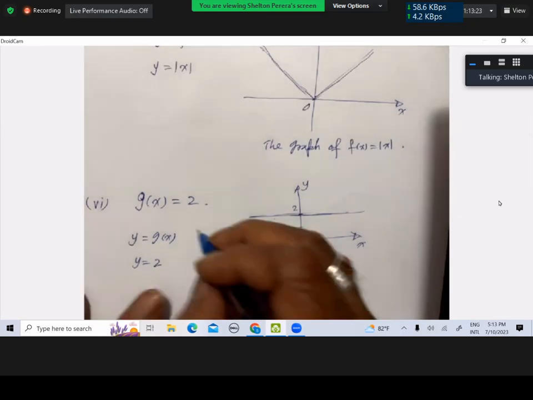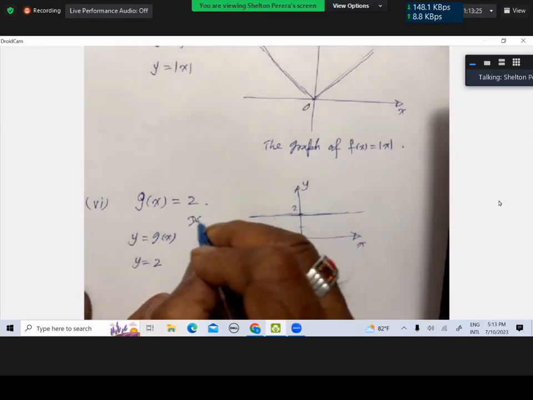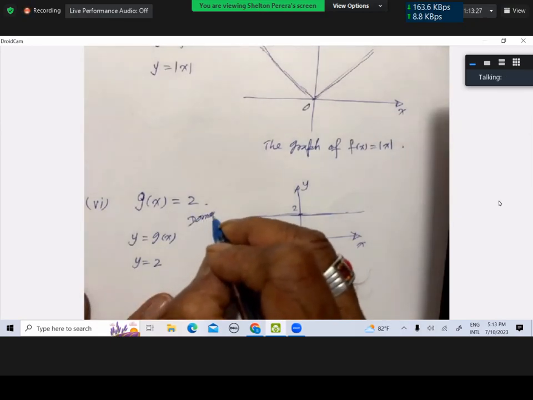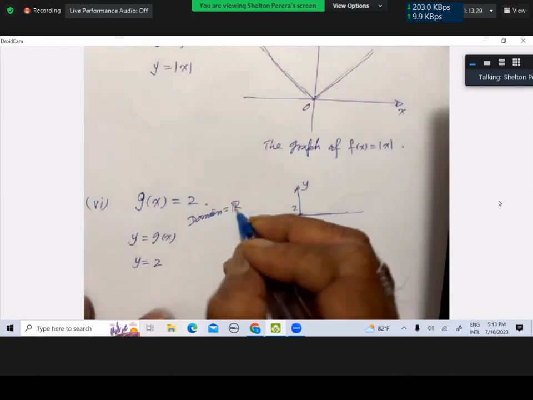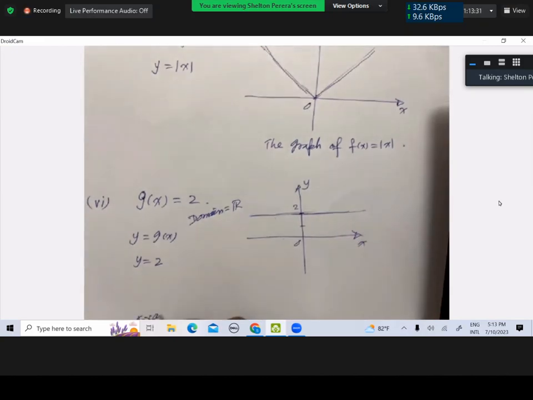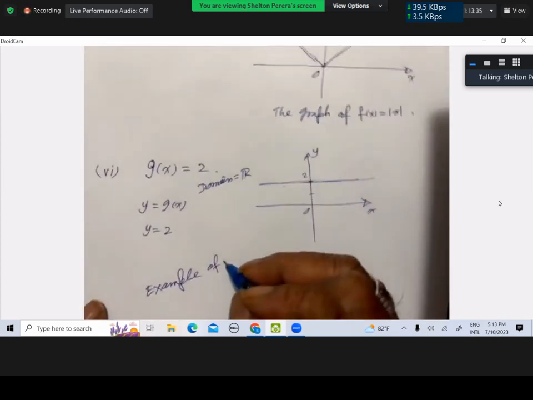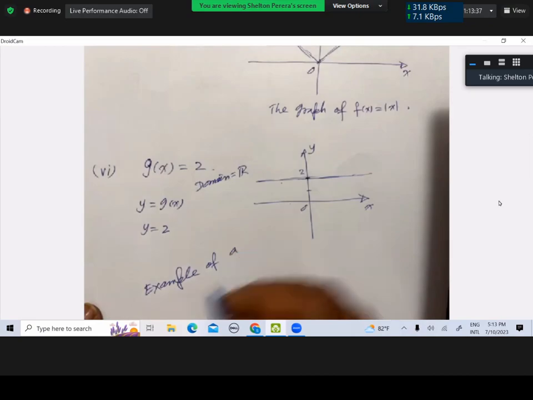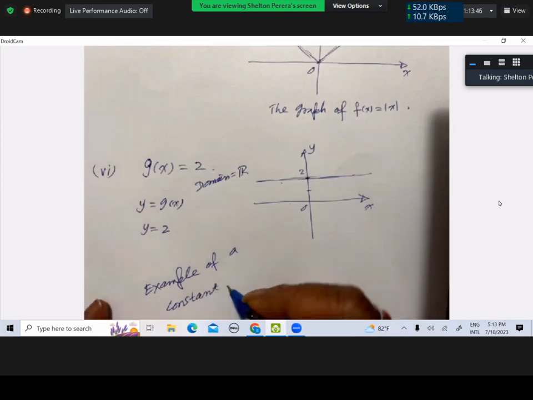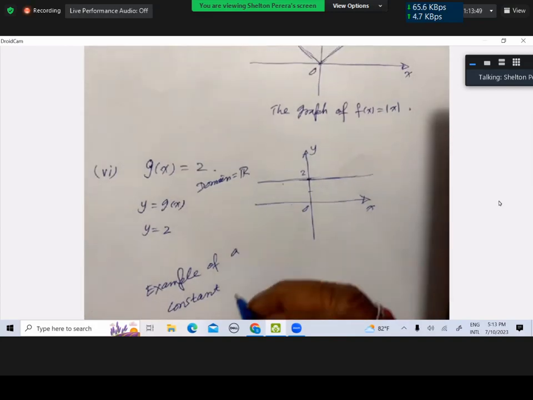The domain of this function is all real numbers. This is an example of a constant function. It doesn't change with x. Constant function.